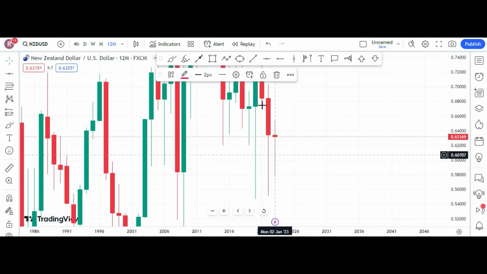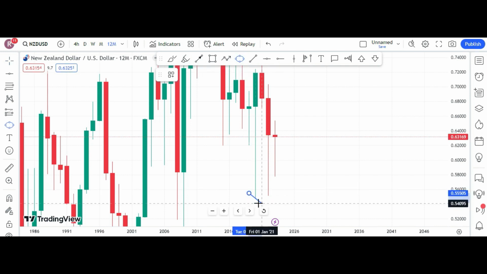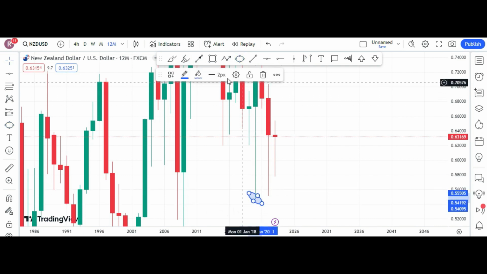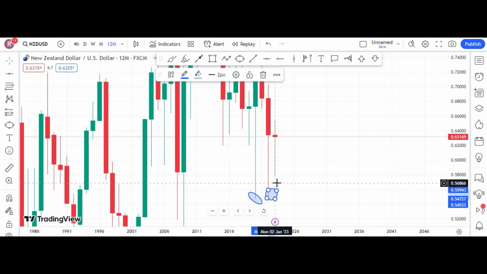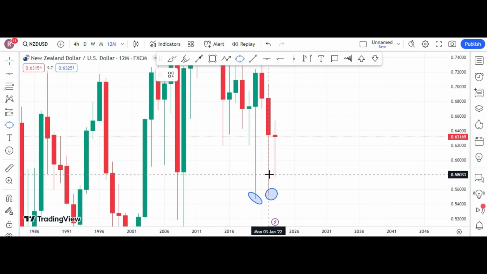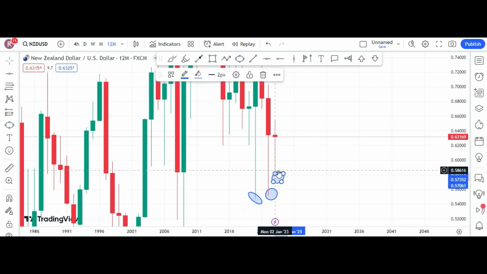If we enlarge a little, we can see that it is consistently making a higher low, then a lower low, this one, this one and now this one. So this year I'm in favor of New Zealand dollar at the moment. This is a lower low, then a higher low, then a higher low.